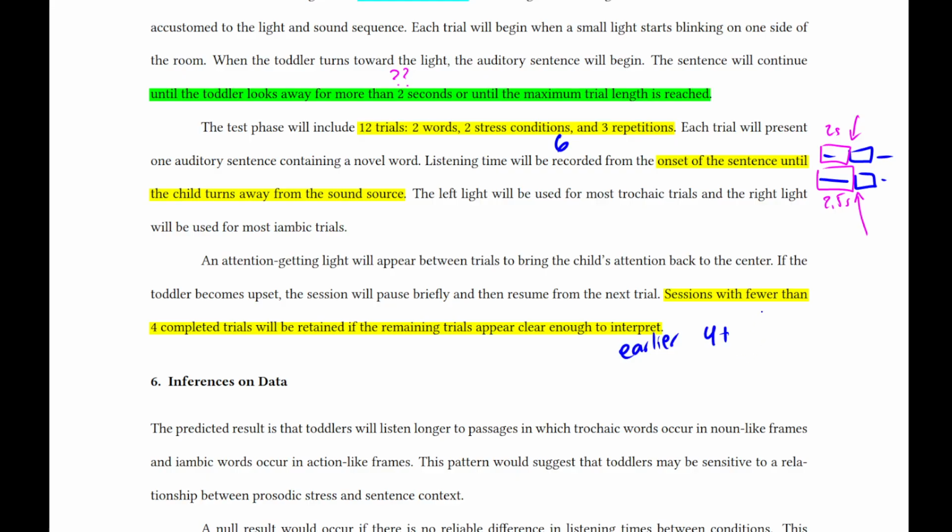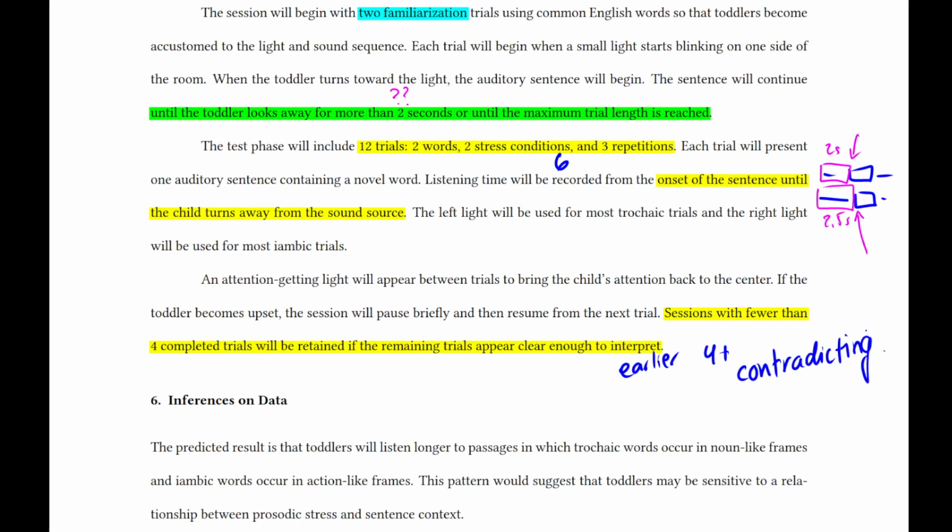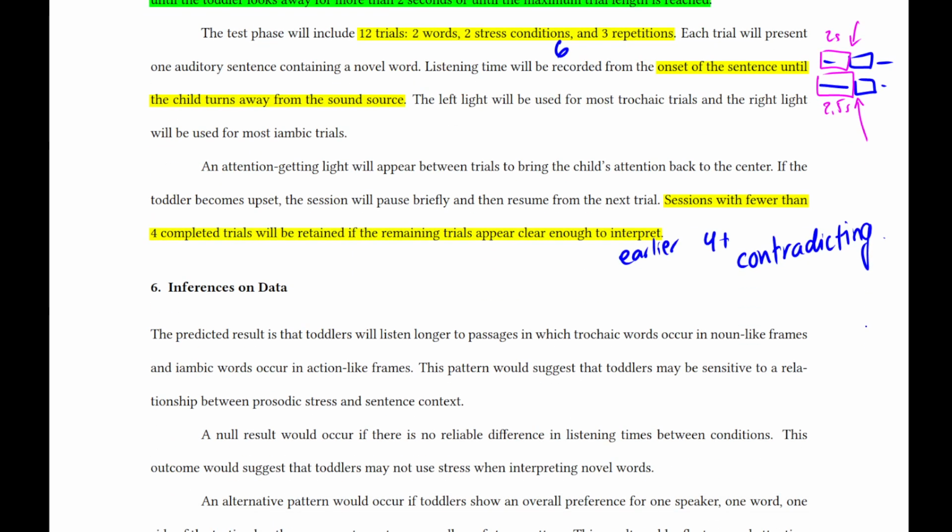So we're contradicting ourselves in our proposal, which is not good. If you submitted this in an ethics proposal and contradicted yourself, it would come with a very angry and confused comment. So not good there. Don't contradict yourself. Be consistent. If they're going to be bad, they should be at least consistently bad.